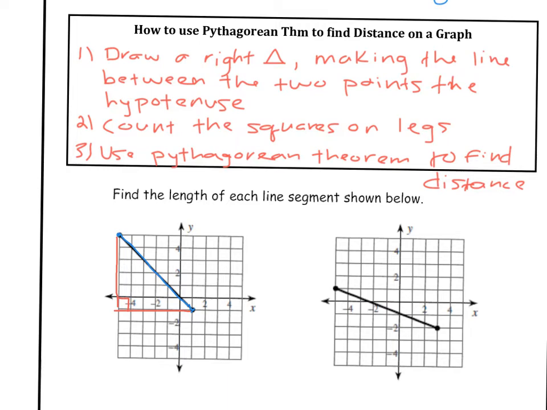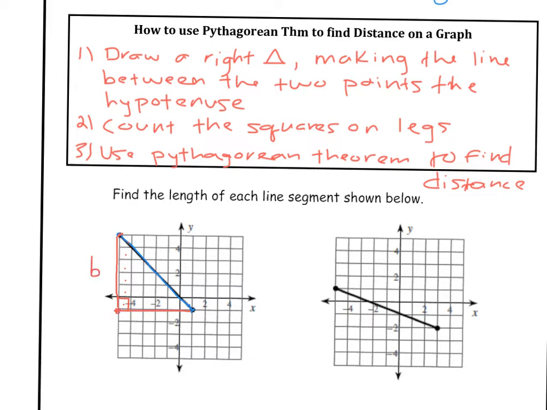So our second step is I want to count the squares on the legs. So my legs are shown in red. The boxes that are in between that point and this point down here is 1, 2, 3, 4, 5, 6. So this side would be 6.